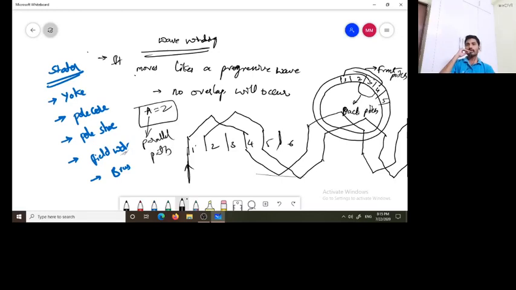Wave winding can also be called a series winding. So we have discussed the armature winding topic in detail.